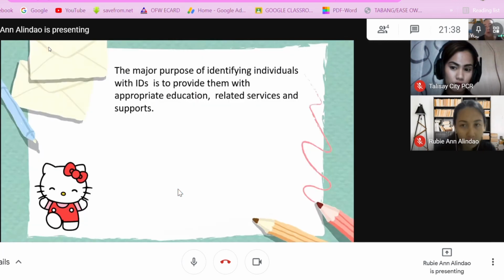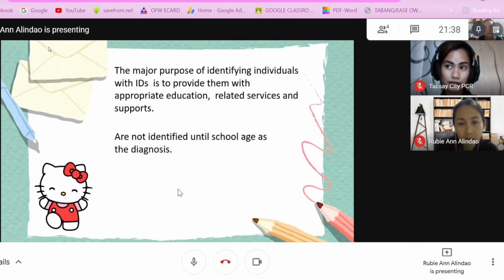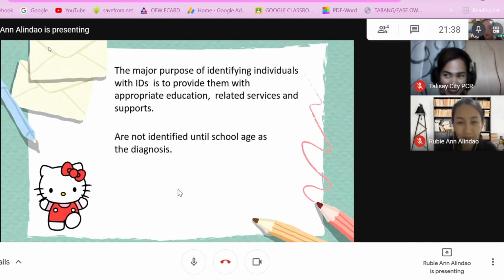The major purpose of identifying individuals with ID is to provide them with appropriate education, related services, and support. Typically, many students with IDs, primarily those for whom a clear cause of their disability is not detectable, are not identified until school age.